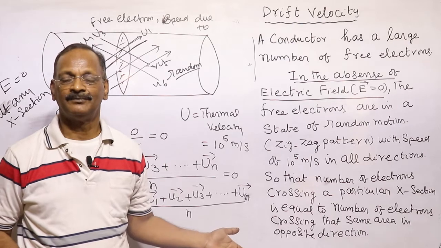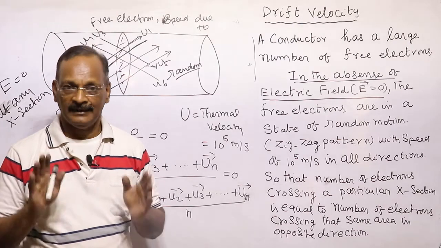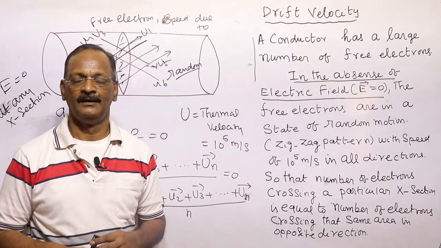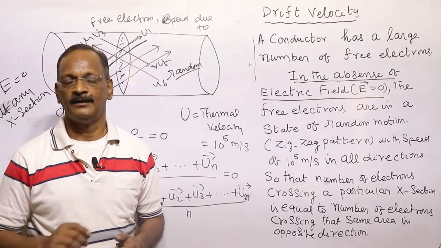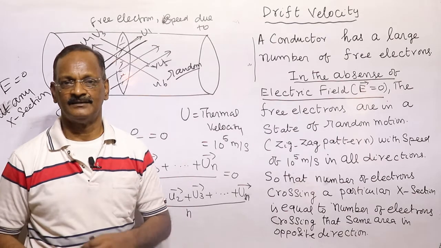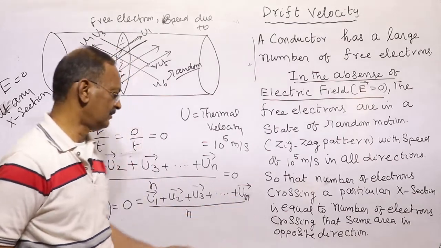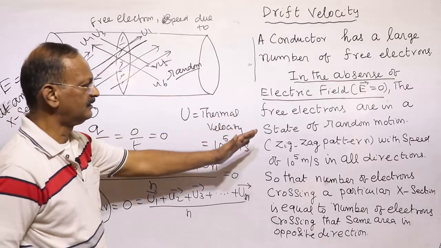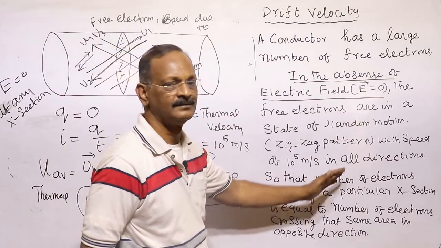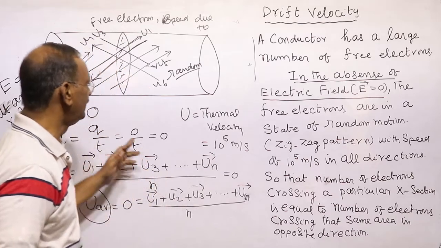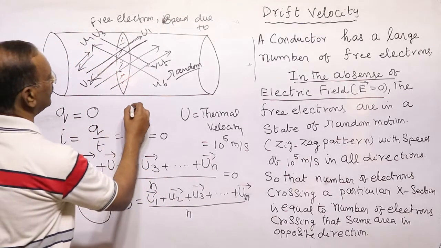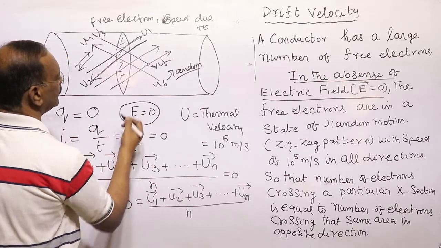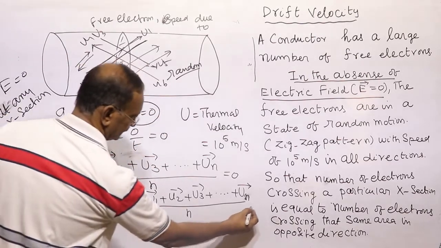There are N free electrons, all having their own thermal velocities and all moving in a random fashion, with no preferred direction. So the average velocity of all these free electrons when no electric field is applied is equal to 0.